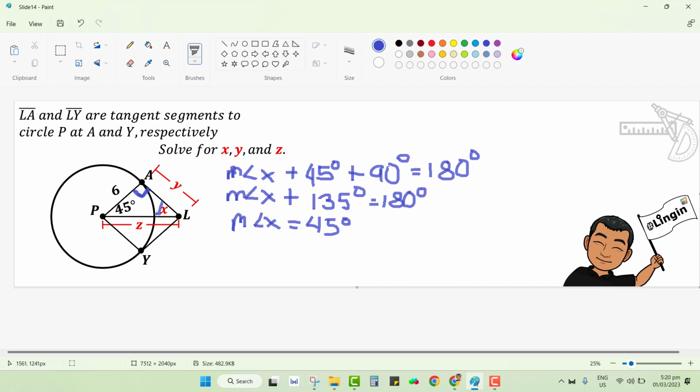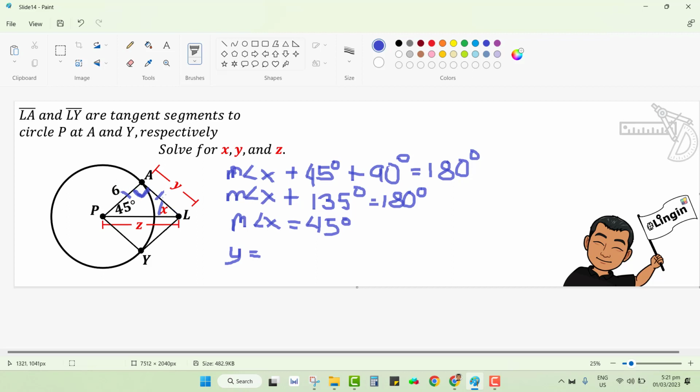Since this is 45 and this is 45, this triangle here is an isosceles triangle, or better yet, specifically an isosceles right triangle, because it has a right angle here, or 90-degree angle. The concept of isosceles right triangle will be used to solve y, because y is this tangent segment here, which is a leg of the triangle. This is a leg. This is also a leg.